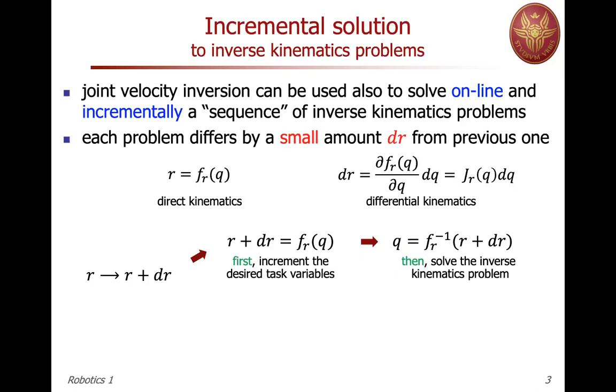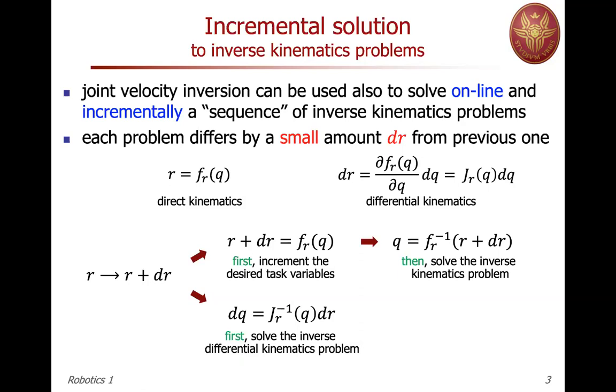What is the alternative? The alternative is to reverse the two steps. I have a dr, a variation of the task variable, if you wish an r dot, but just for a small interval, and we invert the differential kinematics. Suppose that the Jacobian is non-singular and square, since otherwise the same problem occurs that we mentioned before, and we will see what happens then.